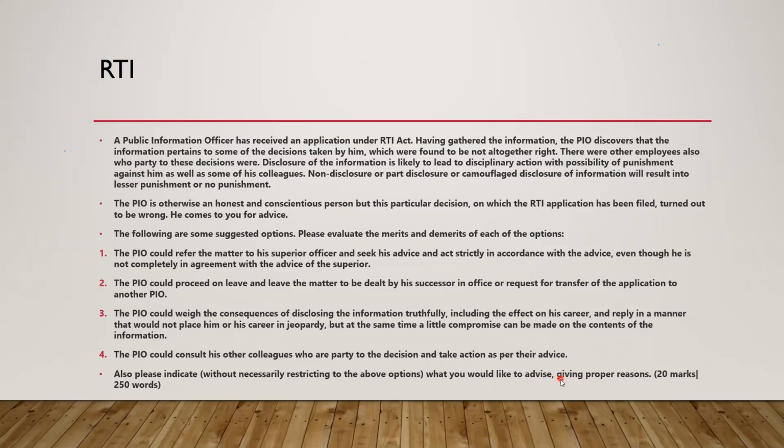I think that is the best one. Yes, there is administrative punishment for this, no doubt about it, but you cannot say that you will not disclose it. That raises a question mark on your own honesty and the qualities you have. That's what I feel.